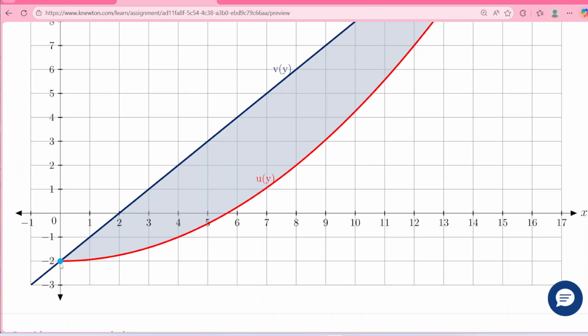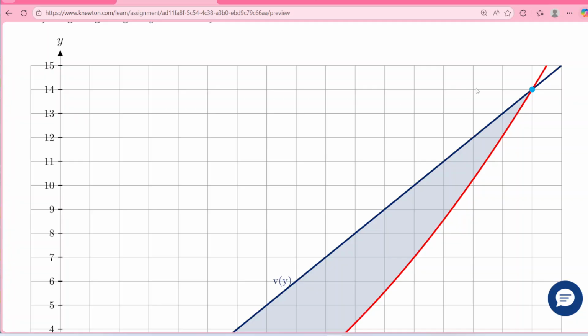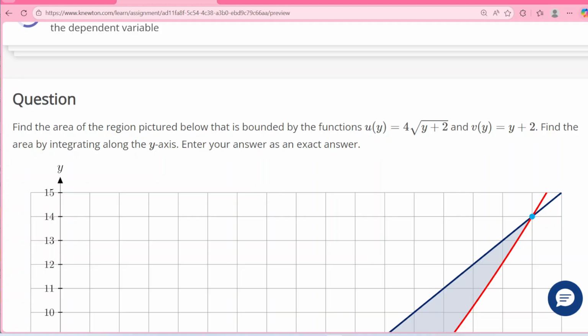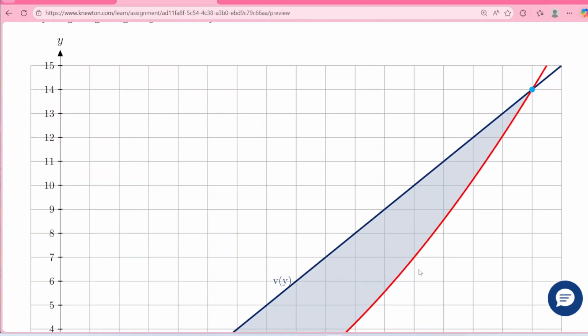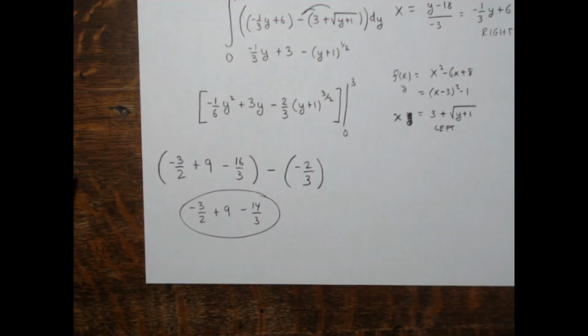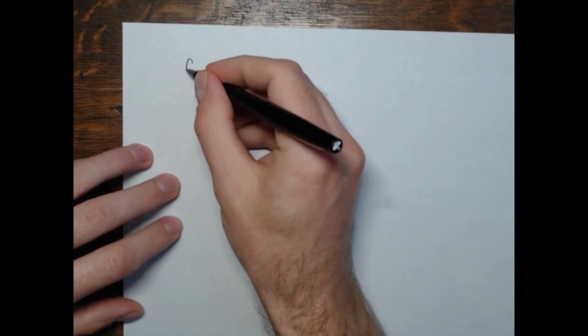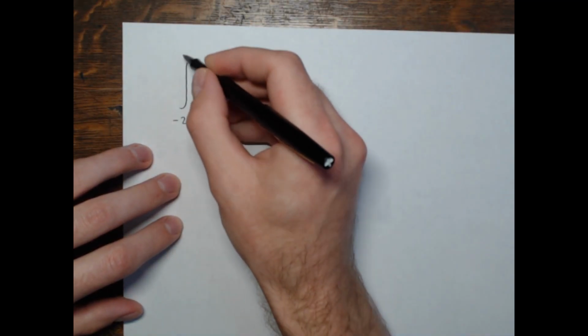And the lowest y here is negative 2. The highest is 14. So here's the integral I'm going to set up. Again, u on the right, v on the left. So here's what they gave me. So we're integrating from, lowest y was negative 2, highest y was 14. So from negative 2 to 14.